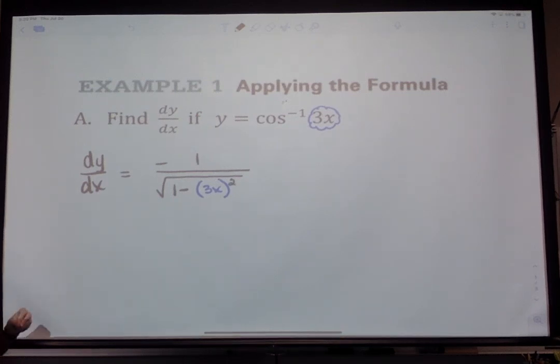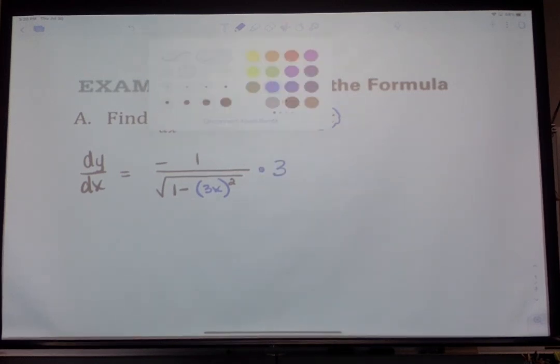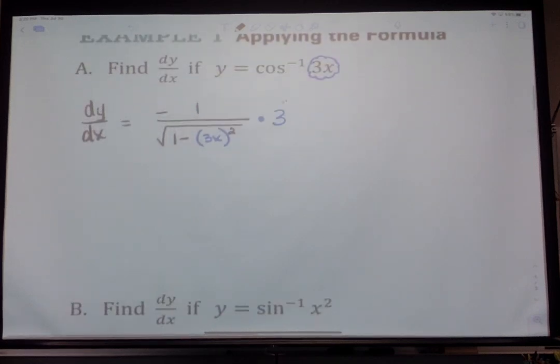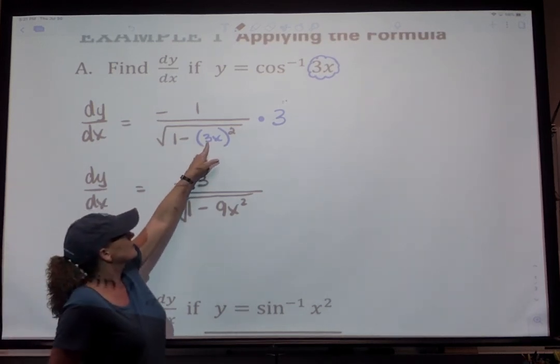So it's the messy squared. And then we have to come out here and say times the derivative of the messy. Clean it up a bit. Don't forget that the 3 has to be squared as well.